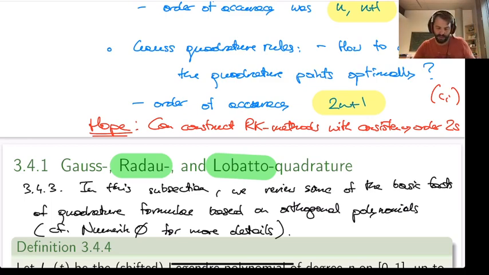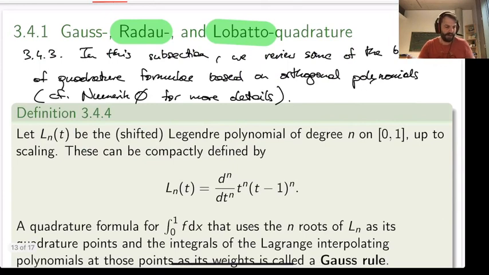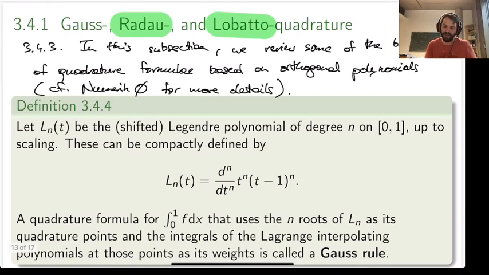Okay, so let Ln of t be the shifted Legendre polynomial of degree n on [0, 1]. In Numeric 0, we always worked on the interval [-1, 1].